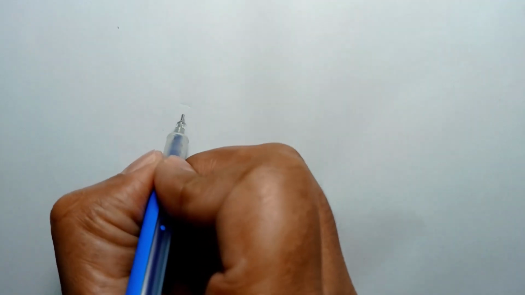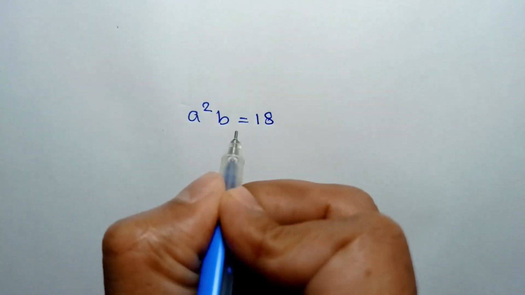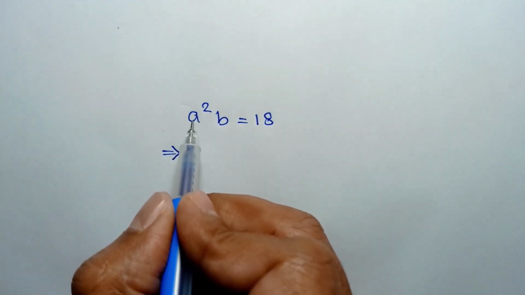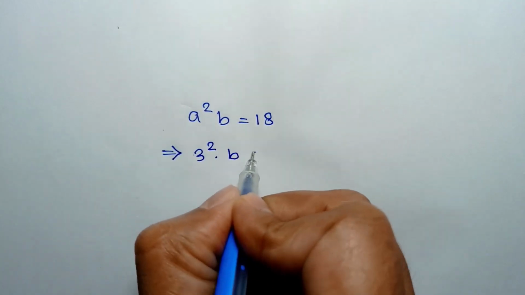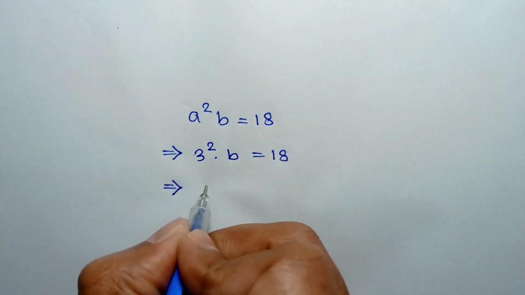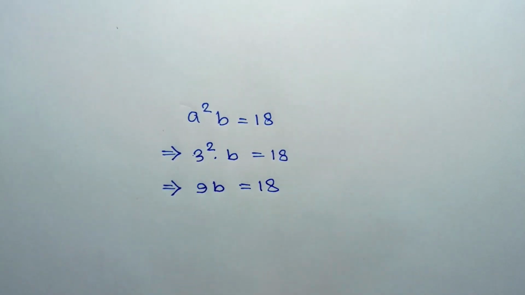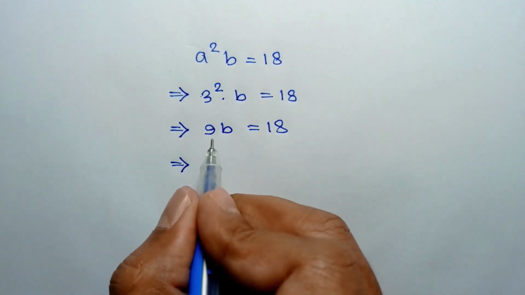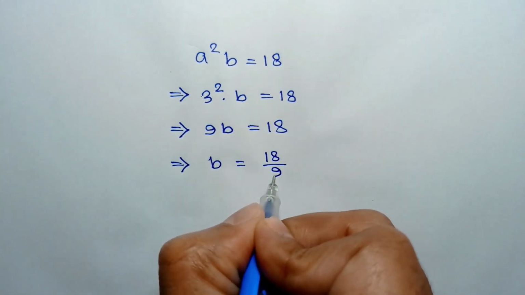Now from equation 1 we have a square b is equal to 18, or substituting the value of a is 3, we can write 3 square times b is equal to 18, or 3 square is 9 times b is 9b is equal to 18, or dividing both sides by 9, we can write b is equal to 18 over 9.